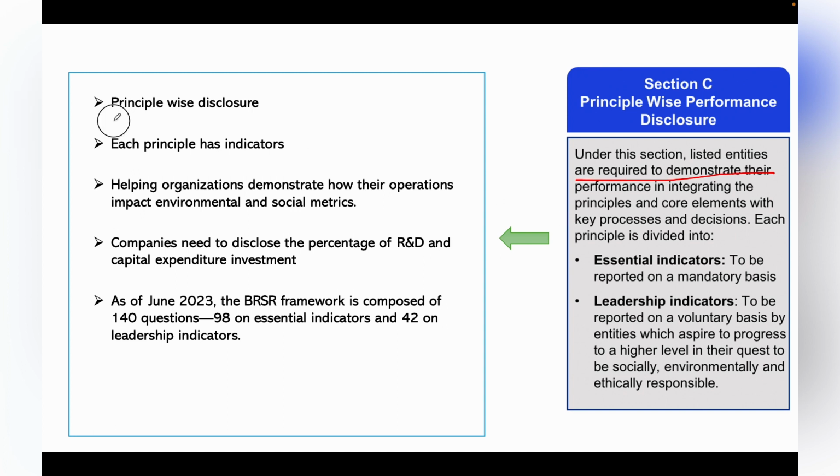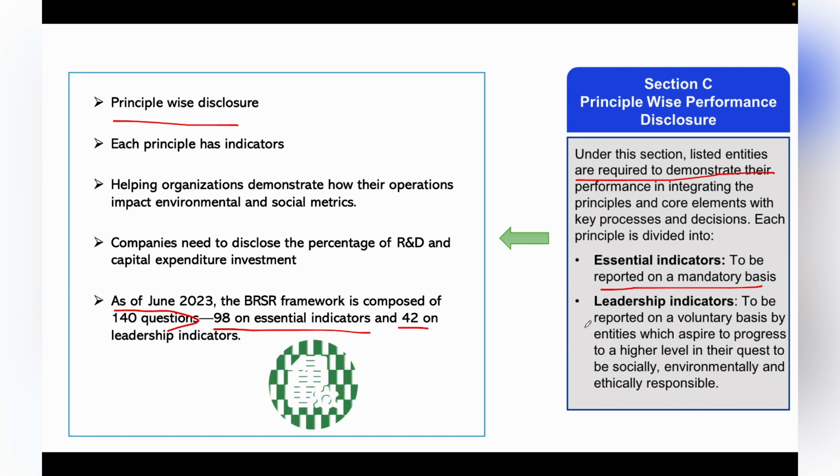It reports on all the 9 principles of NGRBC, and there are 140 questions in BRSR, 98 on essential indicators and 42 on leadership indicators. Essential indicators are to be reported on a mandatory basis, and leadership indicators are to be reported on a voluntary basis.